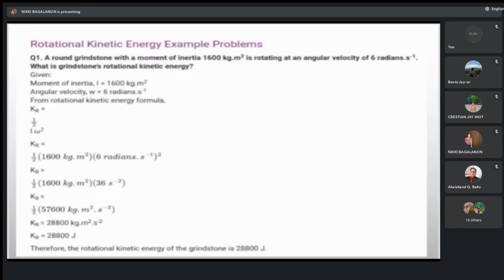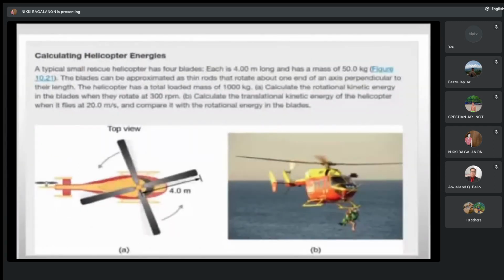So the answer will be equal to 28,800 kilogram meter squared times second raised to the power of negative 2. So the answer is 28,800 joule. Therefore, the rotational kinetic energy of the grindstone is 28,800 joule.